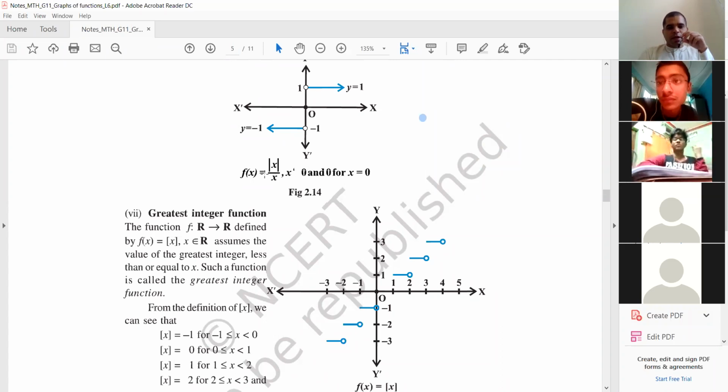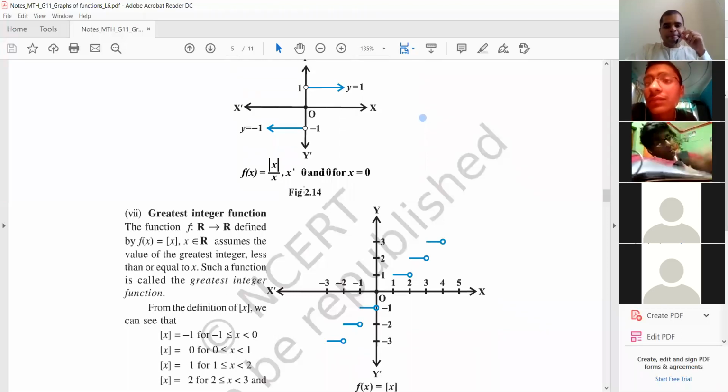So if you write -x by x, what does -x by x become? -1. Yes. So you can see for x negative the value will be -1.